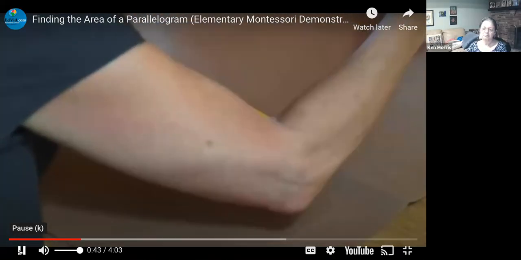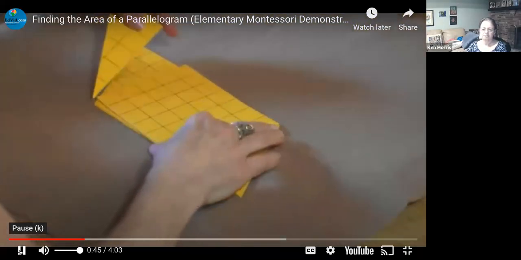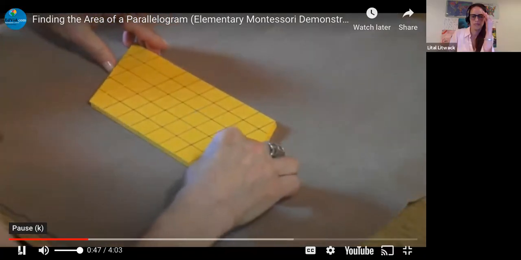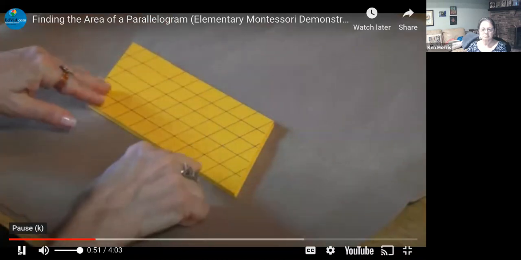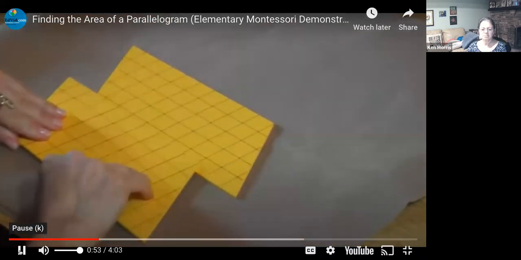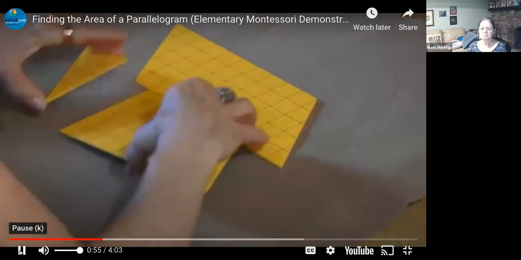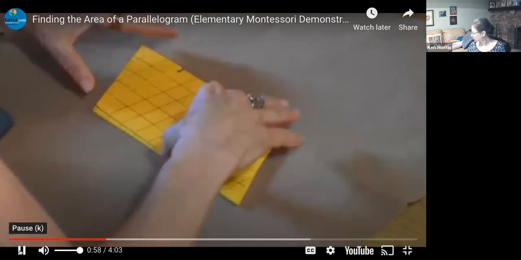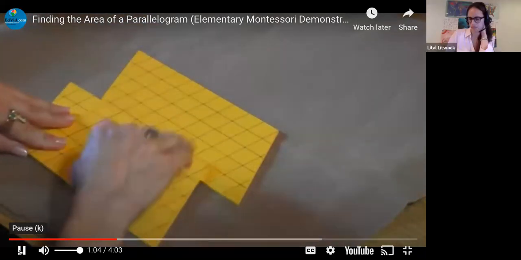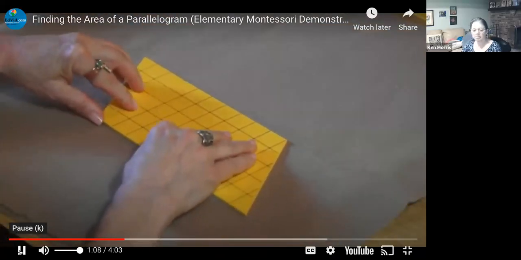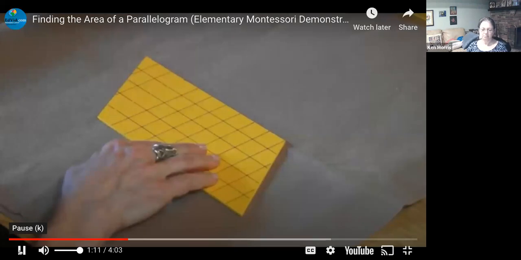So I'm going to bring in another parallelogram exactly like it. But this parallelogram is divided into two parts. So I just want to confirm with you that these two parallelograms are exactly the same. And then I'll use this parallelogram to find its area.